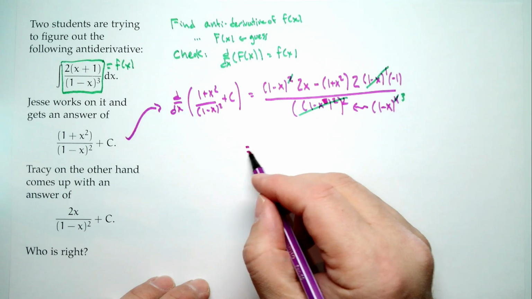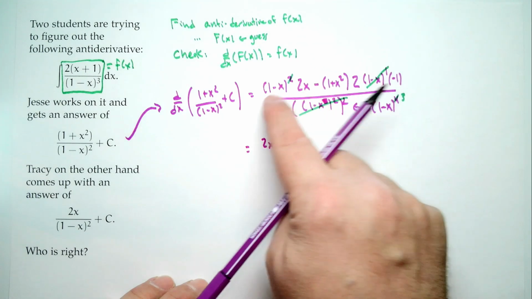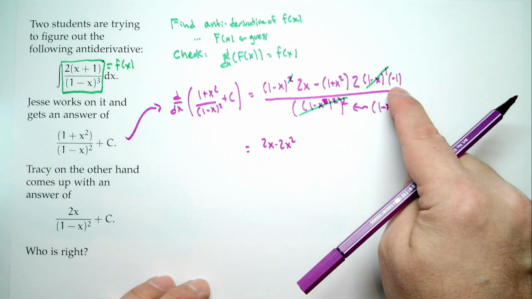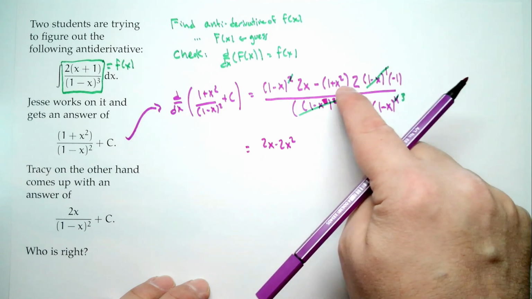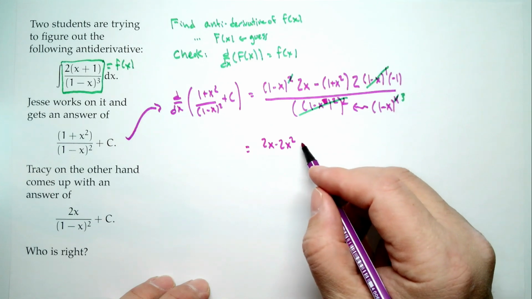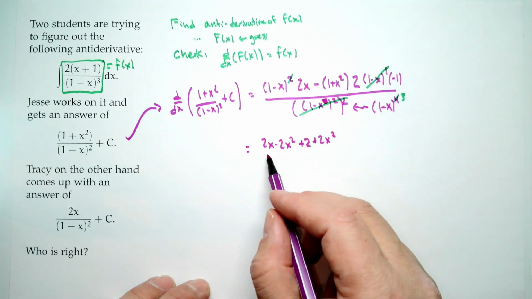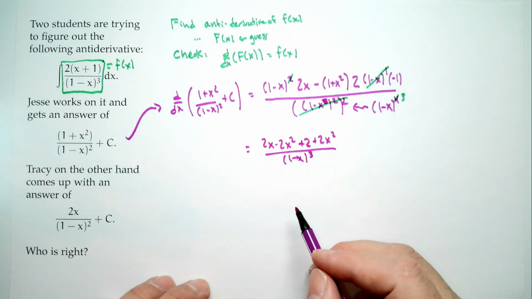So that would be 2x minus 2x squared. If I multiply this out, here we have a minus and another minus, which makes a plus. So this will be 2 times 1 plus x squared, so plus 2 plus 2x squared. So that'll be the numerator, all divided by 1 minus x cubed.